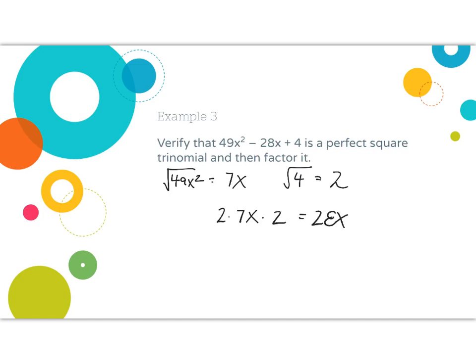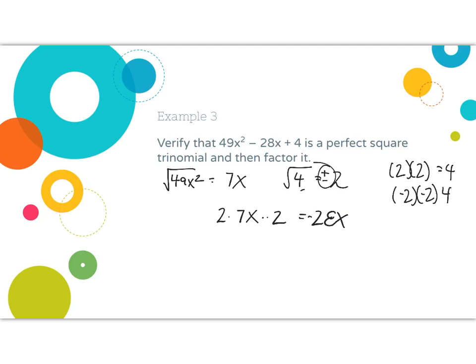Now remember, we can have this as a positive or a negative 2, so this will work out to be our negative 28x. If you're not sure about that positive negative thing, remember 2 times 2 is 4. Negative 2 times negative 2 is 4. So the square root of 4 could technically be a positive or a negative 2.